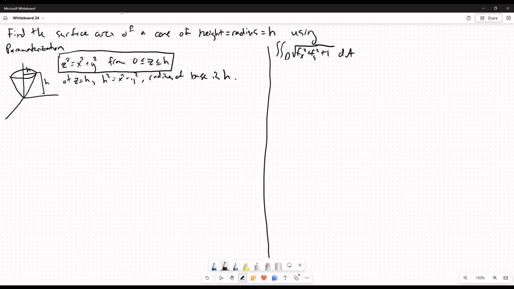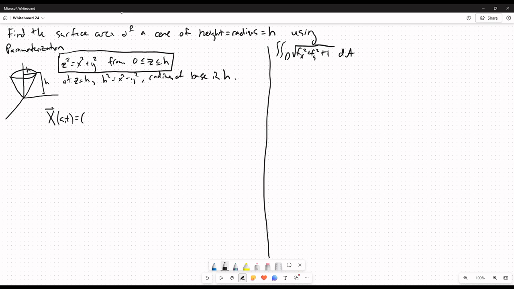So let's start by parameterizing this thing. I know that I can parameterize the cone. Well, let's think what I want to do. I basically want to have a whole bunch of circles in my x and y coordinates. So we'll have capital X of s, t. I basically want a whole bunch of circles whose radius is given by the z coordinate.